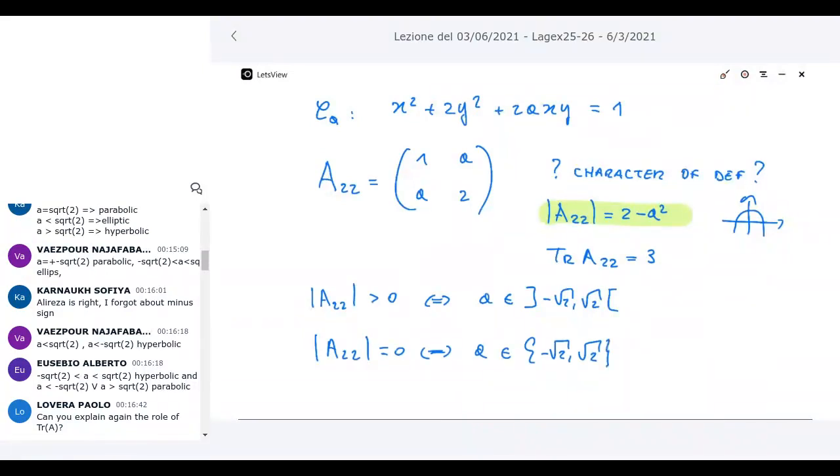And it's going to be negative when A belongs to minus infinity, minus square root of 2, union square root of 2, plus infinity. Okay, so this is the description.